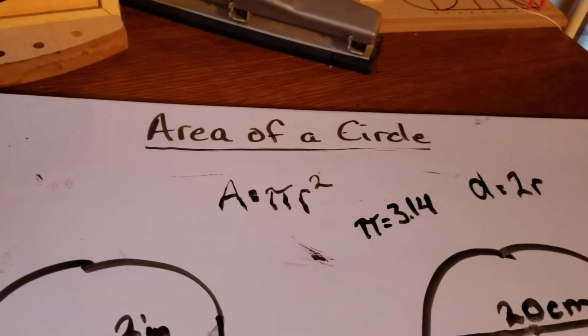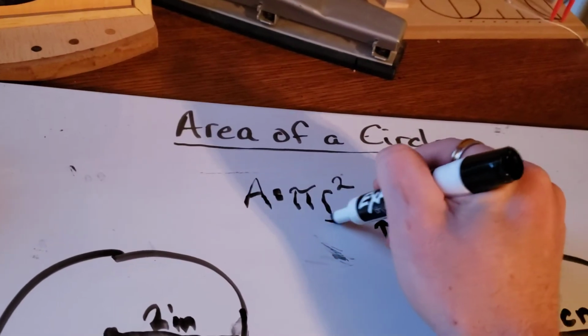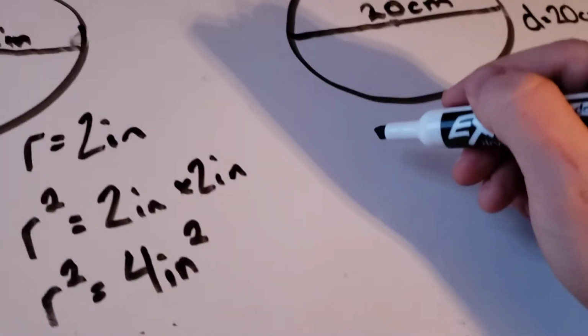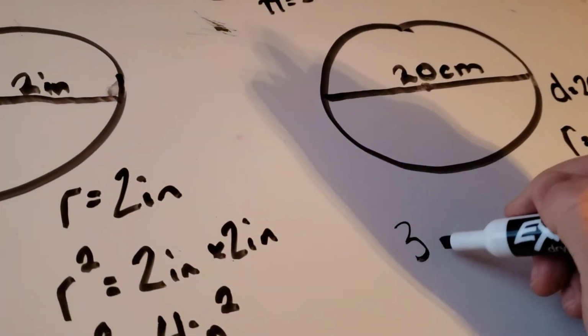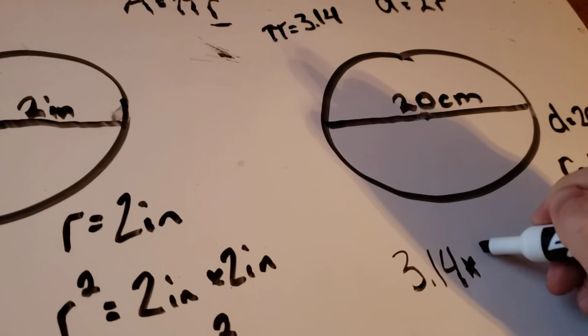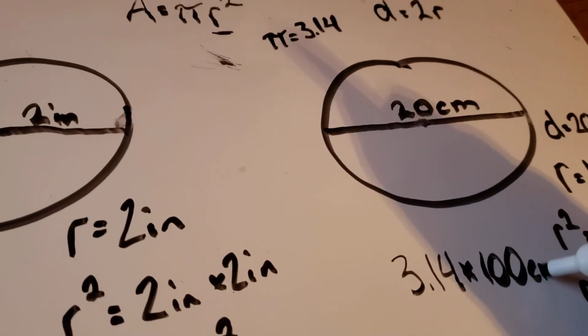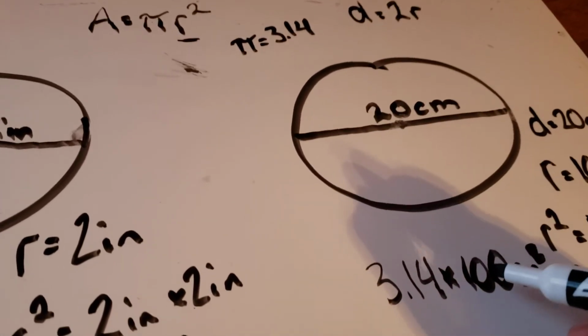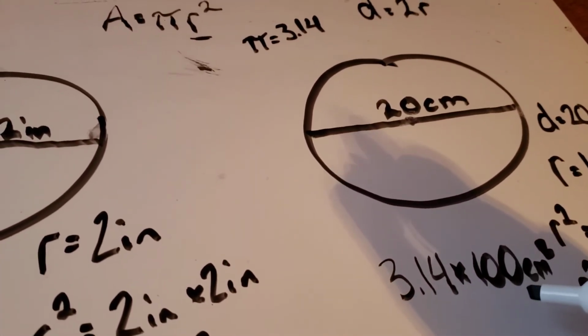So the next step is to take r squared times pi. So we use 3.14 for pi times 100 centimeters squared. So remember our shortcut for multiplying by a power of 10.